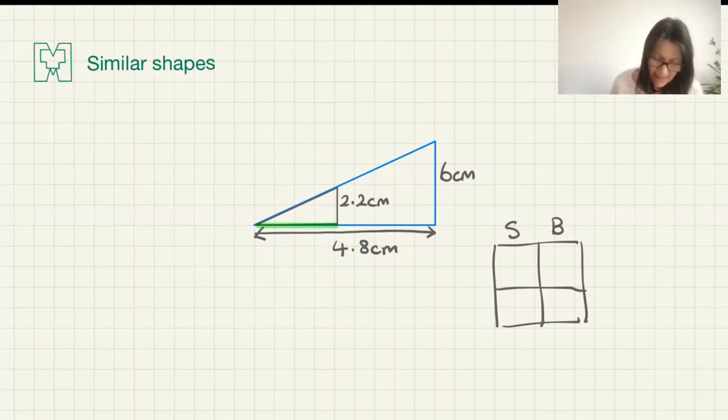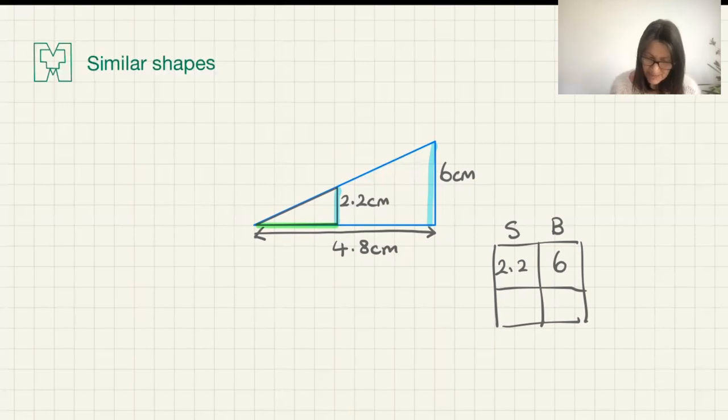So the linking pair in this question is this edge on the small and this edge on the large. They are the same edge on each one of my triangles. So in the small, I'm going to put 2.2, and in the large, I'm going to put 6. And there is my pair, my facts that go together into the grid.